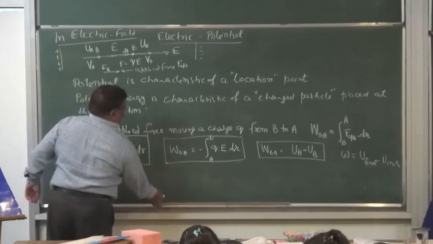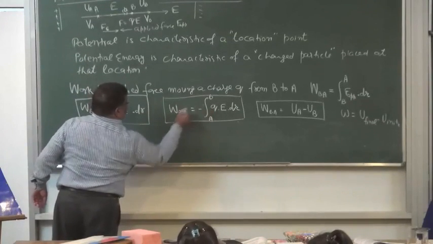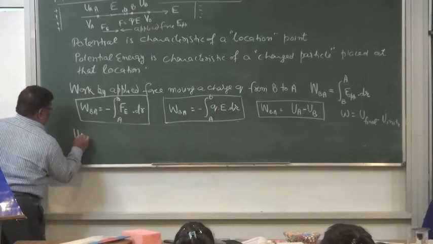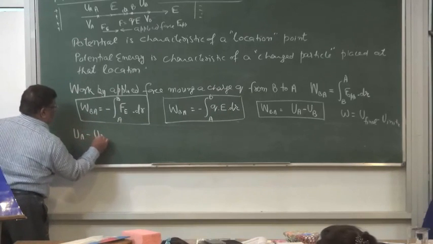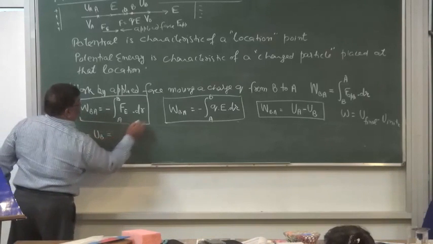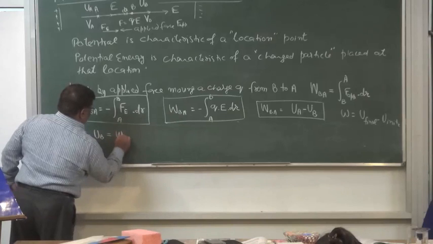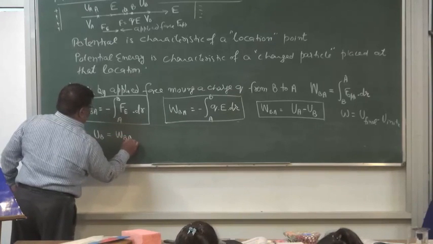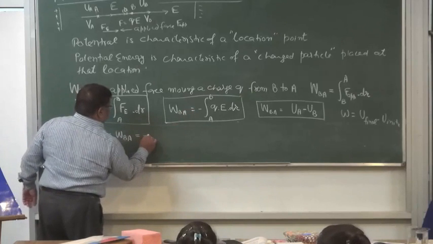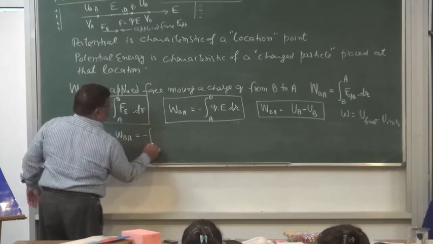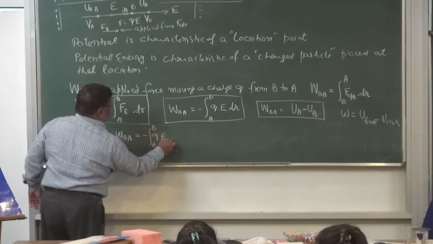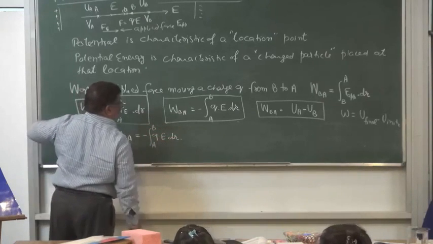If we divide it with this, so we have here U_A minus U_B is equal to W_BA, which is this, minus Q integral E·dr.